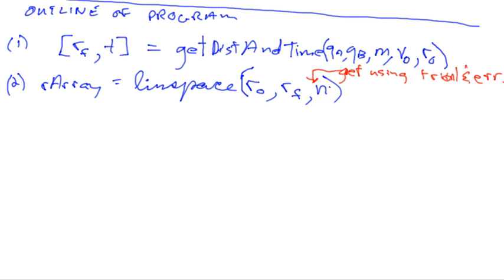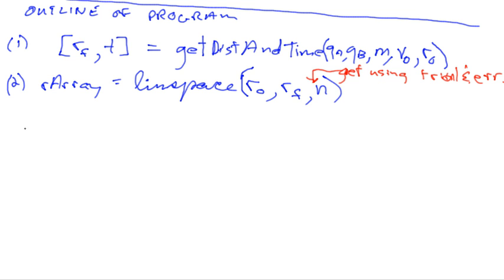I think I'll call it n plus 1 points in space. No, it's n points in space, but it includes the endpoints. Okay, n points in space from r0, the initial distance that the moving charged particle is from the fixed charged particle, to rf, the distance it is from the fixed charged particle when the moving charged particle is at rest.